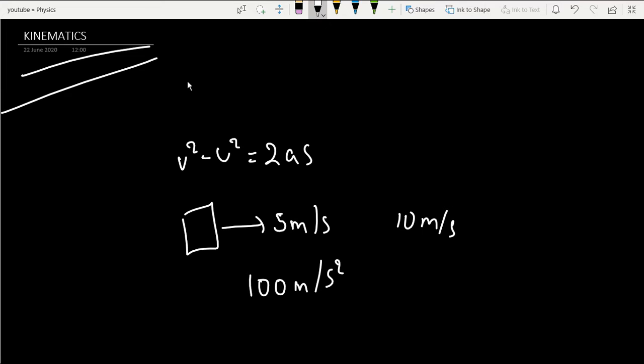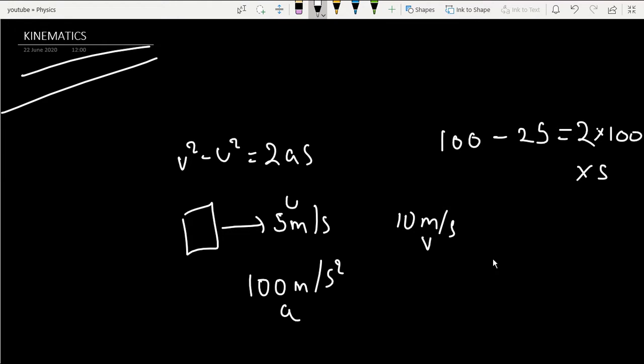So let's substitute the values. This is the v, this is the u, this is the a. So v is equal to 10, which gives 100, u is equal to 5, which gives 25, and that equals 2 into 100 into s, and we have to find s.